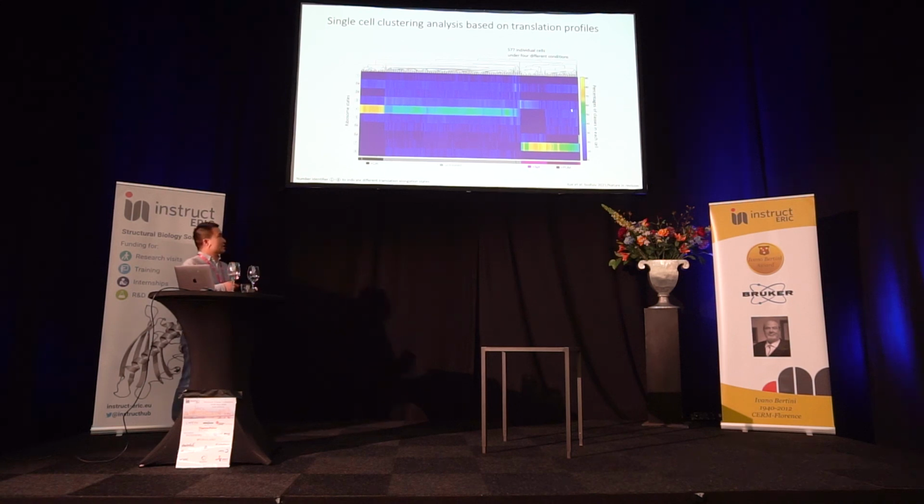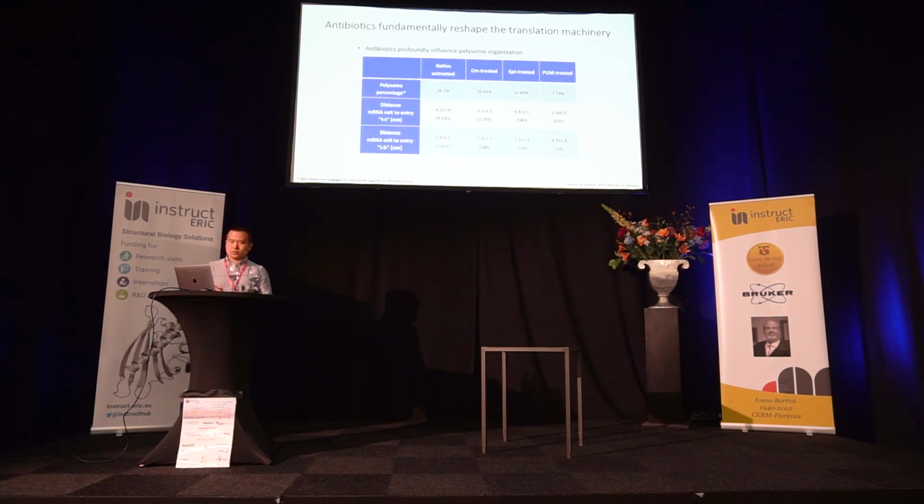Of course, this can be changed upon perturbations like antibiotics. Also we have data to show that these antibiotics fundamentally reshape the polysome organizations, both in terms of the polysome percentages and also the packaging of these polysomes.